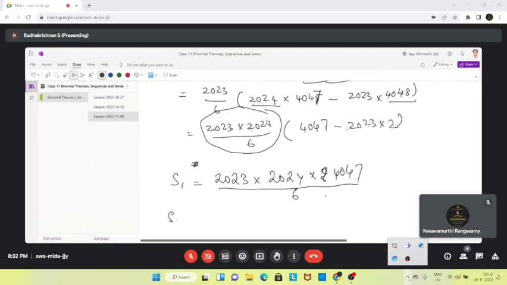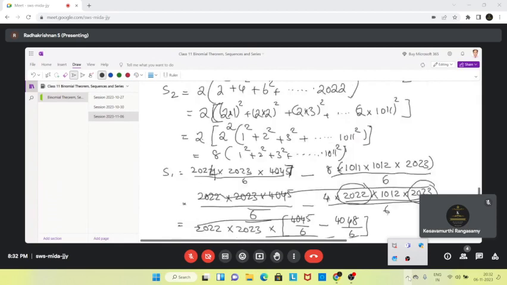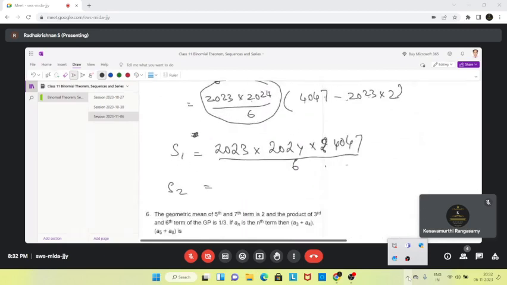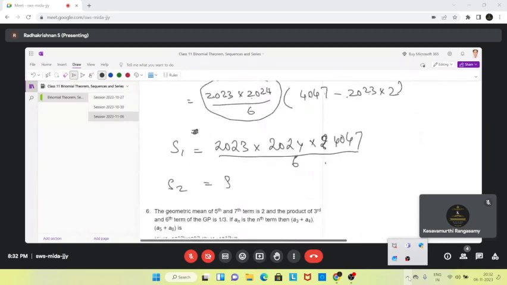Okay, and S2 equal to 8 times, right? 8 times this 1 square plus 2 square up to 1011 square. 8 into 1011 into 1012 into 2023 whole divided by 6.